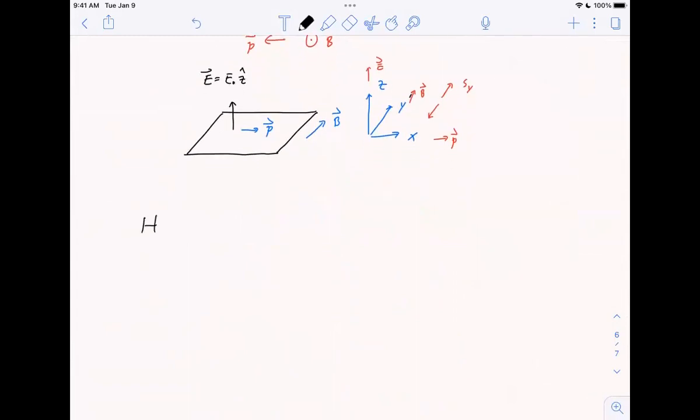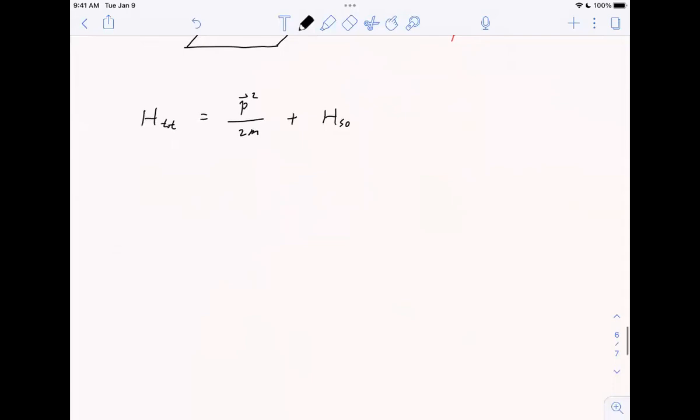Okay, is that okay? So this is only the part in the spin, and the total Hamiltonian will look like this. The total Hamiltonian will have a kinetic energy part plus the spin-orbit coupling. Okay, so what does it mean?